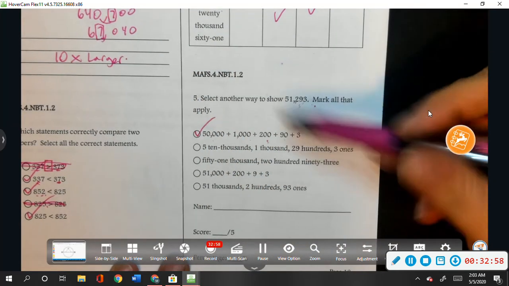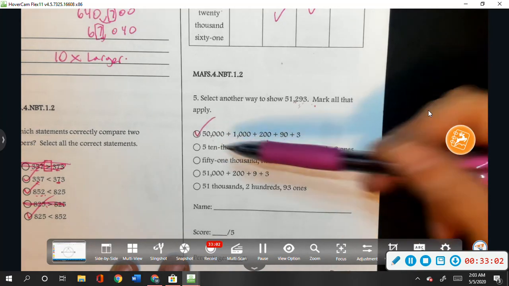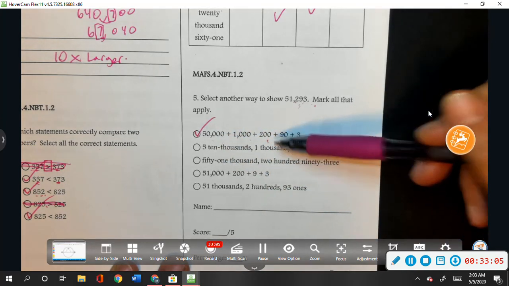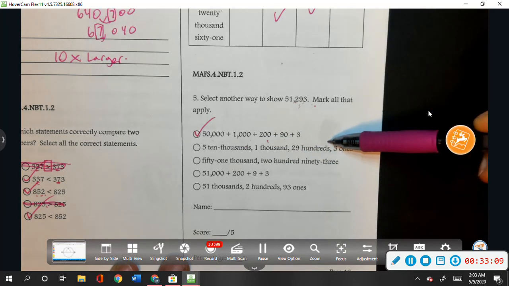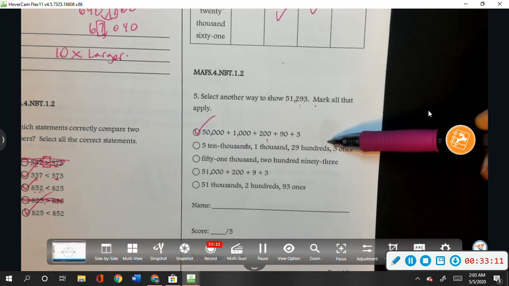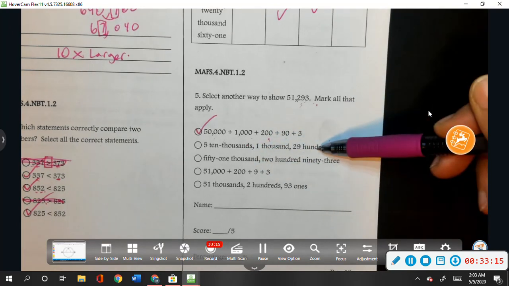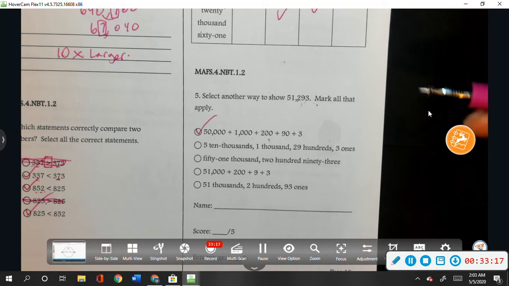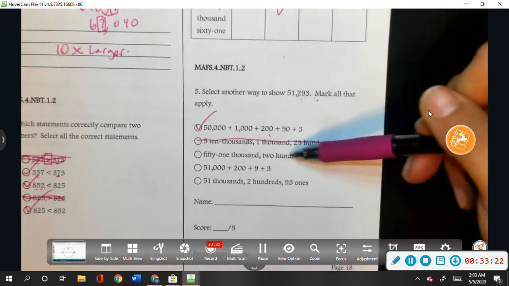Then we have 5 10,000s, which would be the same as 50,000. 1,000, so we have 51,000. 2,900s. Ooh, that doesn't sound right. 10 tens makes 1,000, so that wouldn't be it at all. Then we have 51,293.